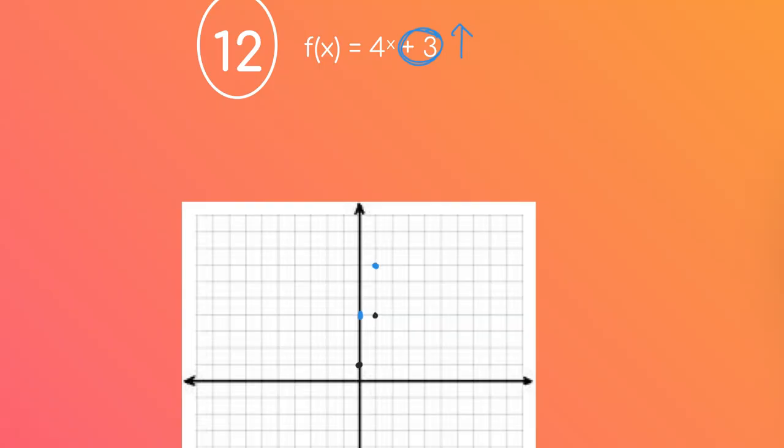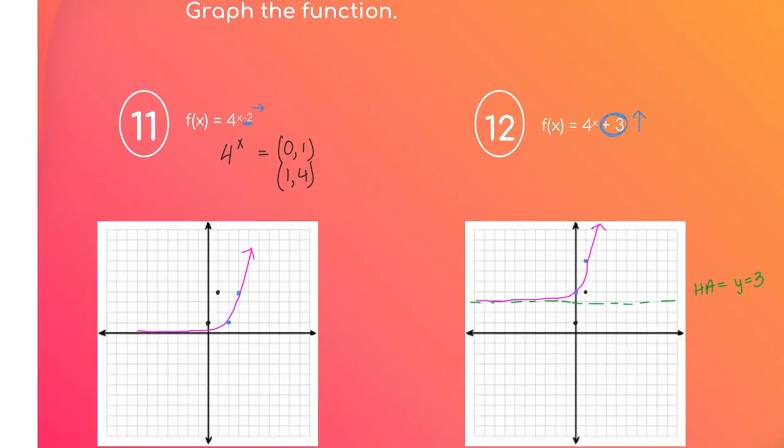And don't forget, your horizontal asymptote is also shifting 3 units up. That will make it right here. So that's the line you are not crossing. Right now my horizontal asymptote is where y equals 3. And drawing that graph, again, it does not pass that line, but it's going to get super close, and then continuing. So these have shifts.